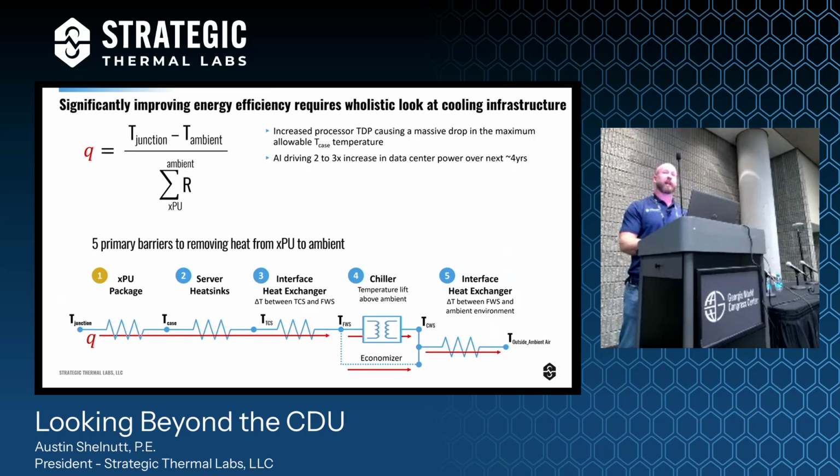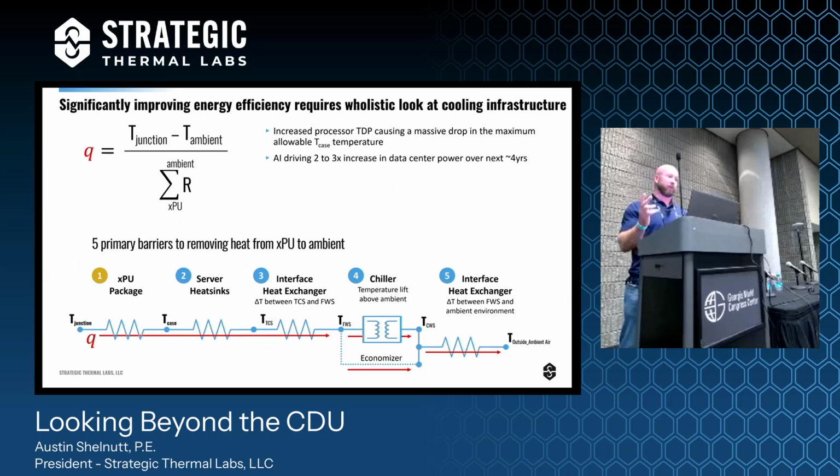It follows just like electrical resistance. Resistors sum when they're in series with one another. So in order to reduce the overall temperature drop from the far left side of this screen, which would be the junction temperature of a processor, to the far right side, which is the outside ambient air, we need to look at how we can reduce the individual thermal resistances along that path.